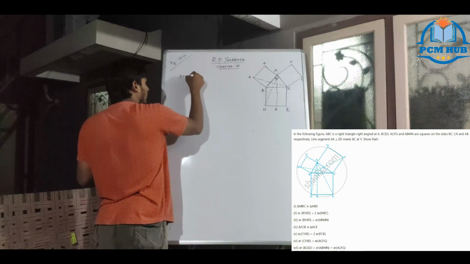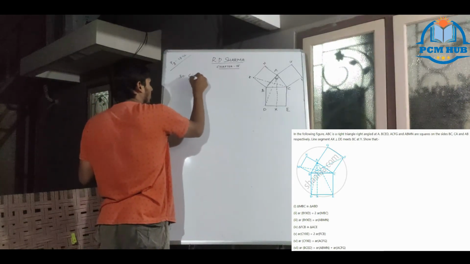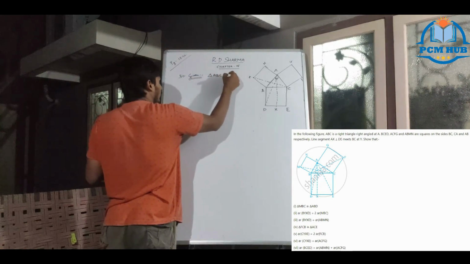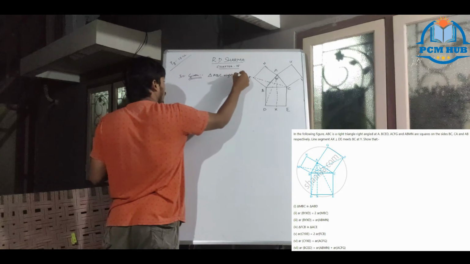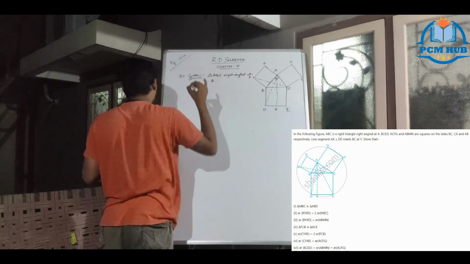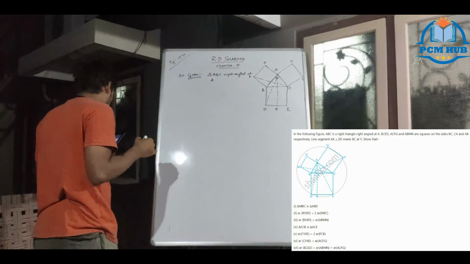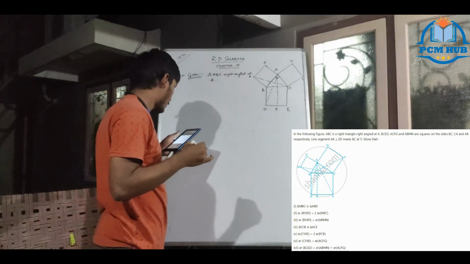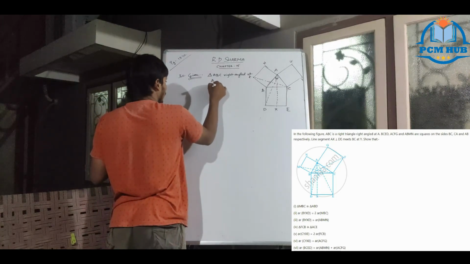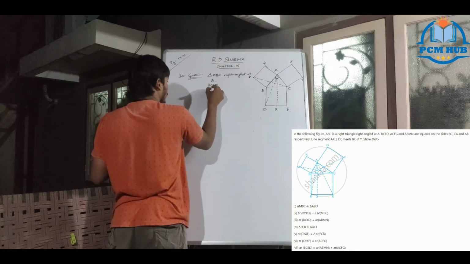So what is given? Triangle ABC, right angled at A. BCED, ACFG and ABMN are squares.